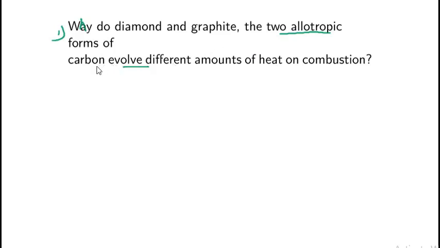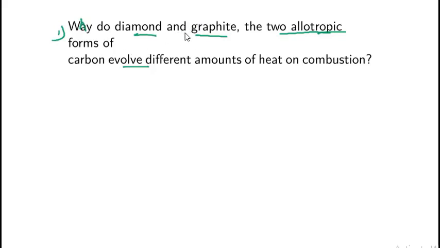So you know that carbon is having some allotropic forms, right? So what are those allotropic forms? Diamond, graphite, right? In simple we can say types of carbon. Exactly it is not the types, but for your understanding purpose we can say that these are the types.